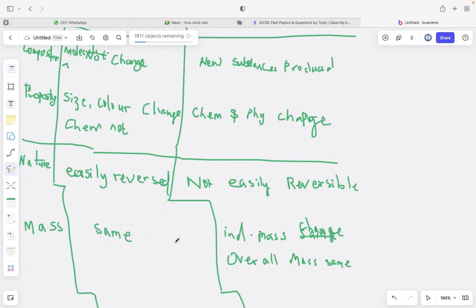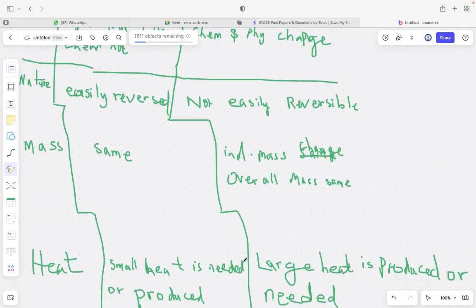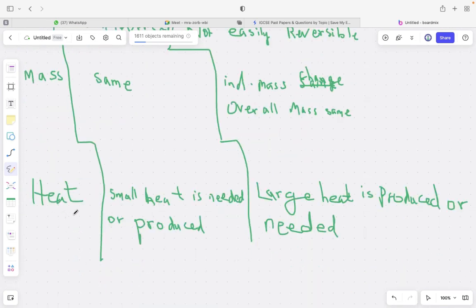For chemical change, the individual masses are different, they change, but the overall mass will be the same. Then heat: for physical change, small heat is needed or produced. For chemical change, large heat is produced or needed. Is that okay? So this is the difference between physical and chemical change.